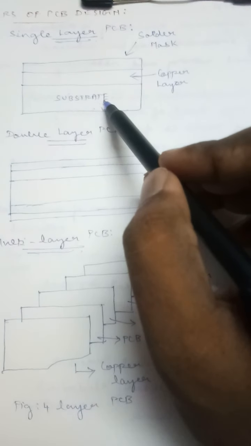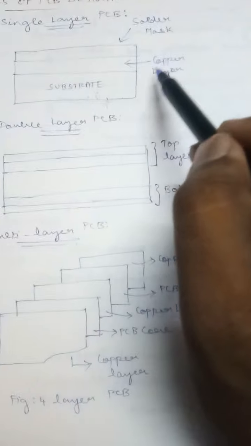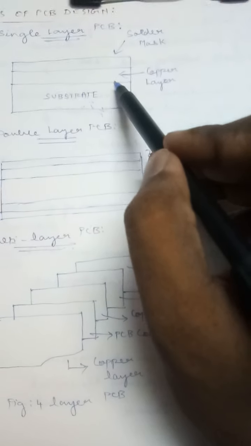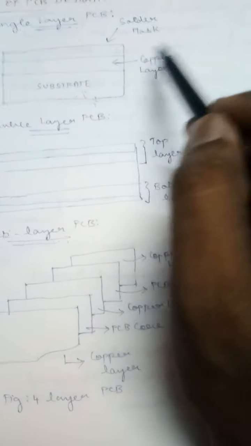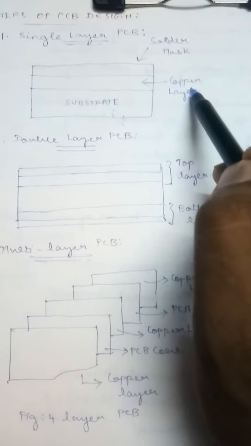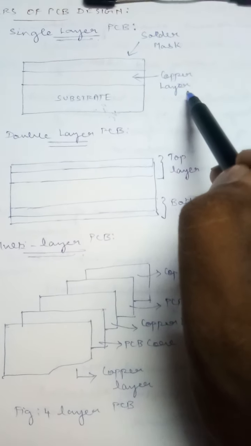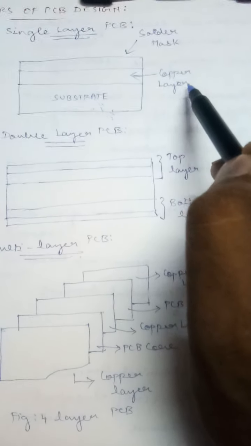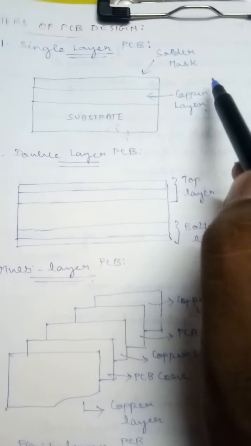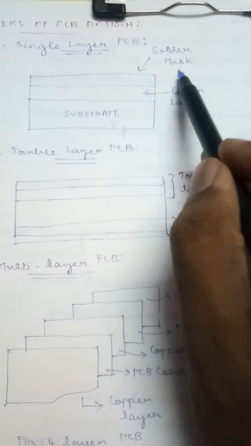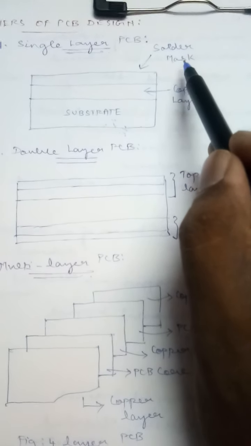Over this layer, we place an interconnecting layer, or a copper layer. This copper layer mainly provides the interconnection. And over this copper layer, there is one more layer connected to it, named the solder mask.